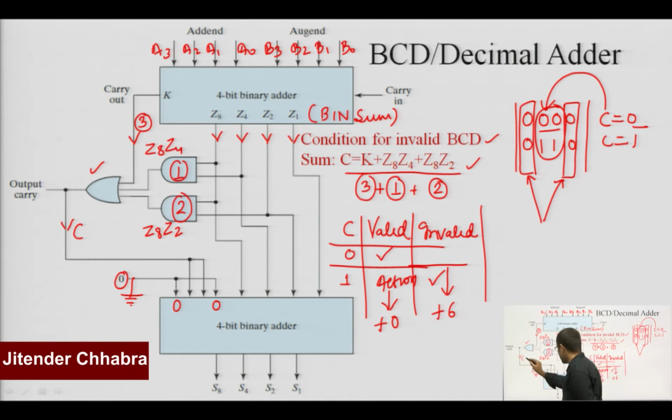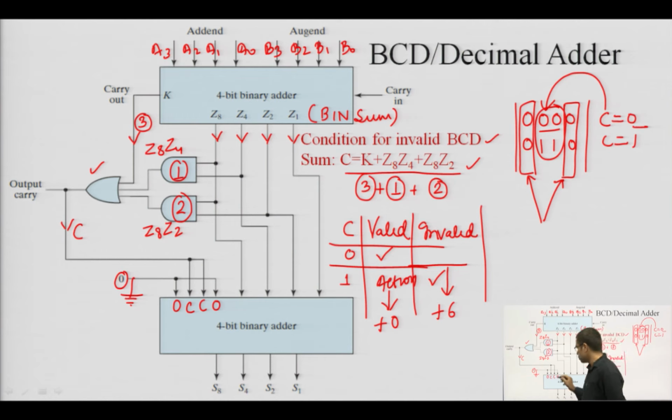So, C enters as the middle 2 bits, and this becomes 0 C C 0.